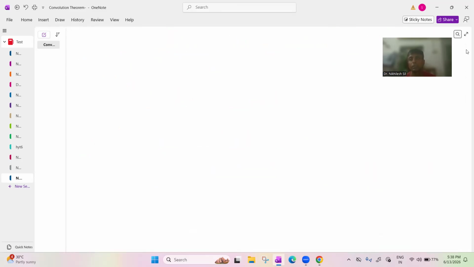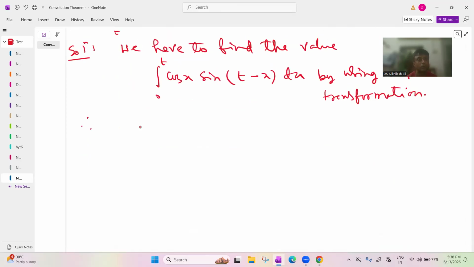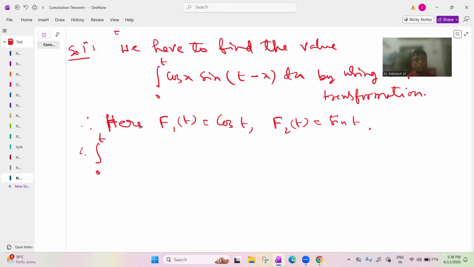Therefore, what is f1 t? Here f1 t is equal to cos t, f2 t equal to sin t. So it is looking like this. Therefore, integration 0 to t f1 x f2 t minus x dx is equal to f1 convolution f2.